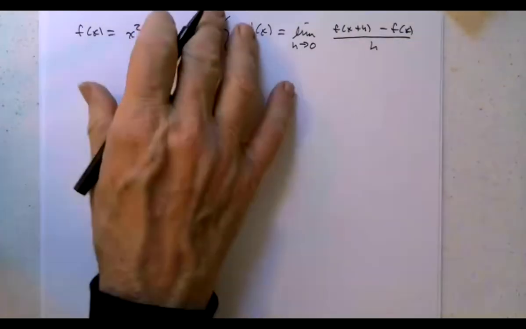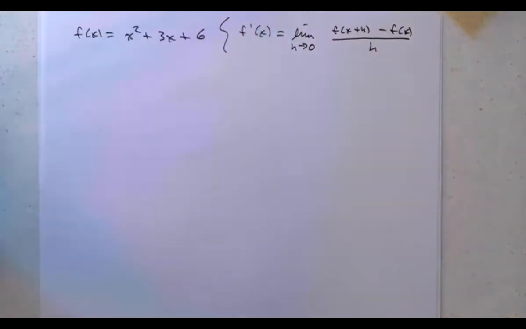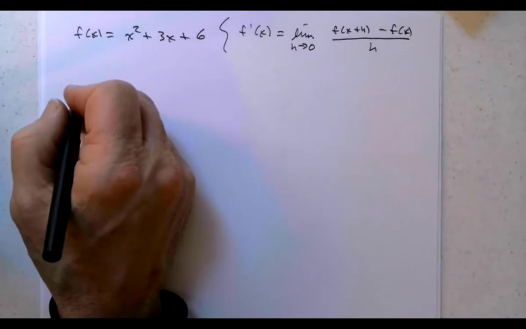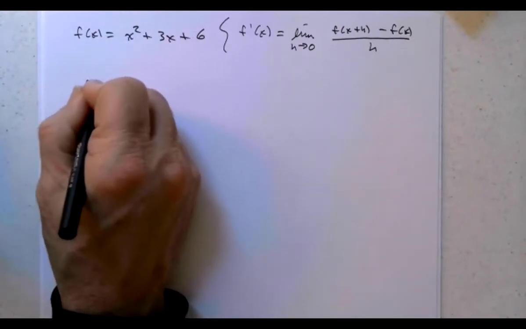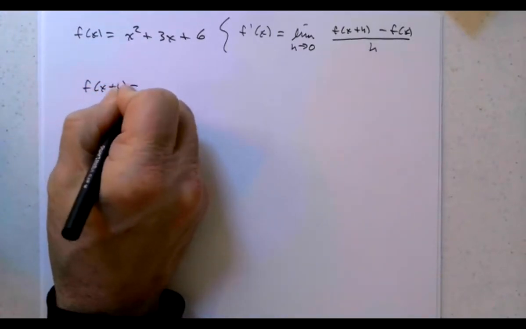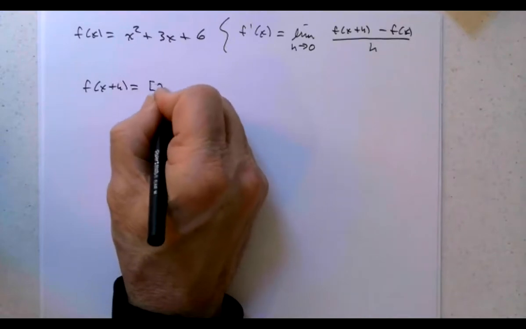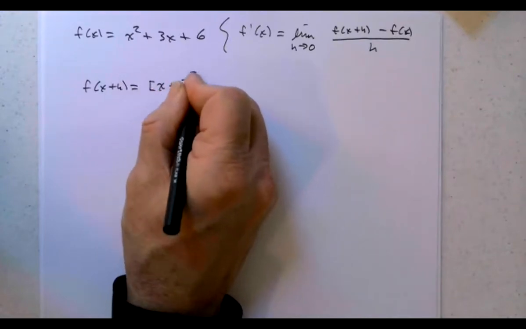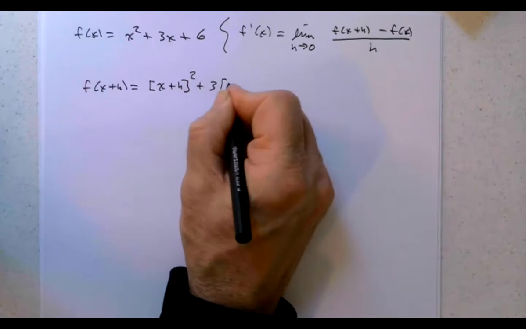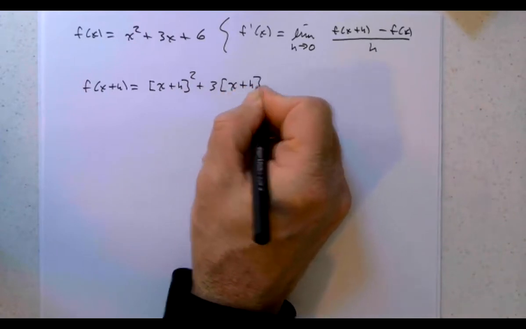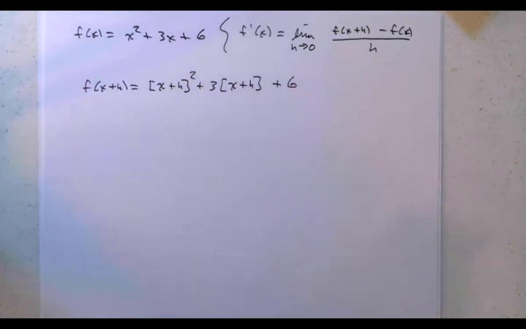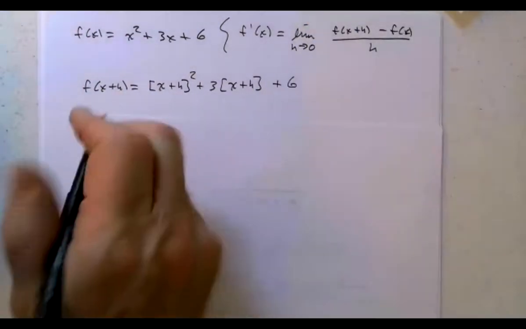Okay, so let us do this. So what is f of x plus h? It is x plus h squared plus 3 times x plus h plus 6. Let's make sure we're clear on what x plus h squared is.